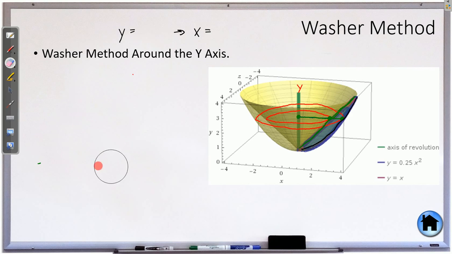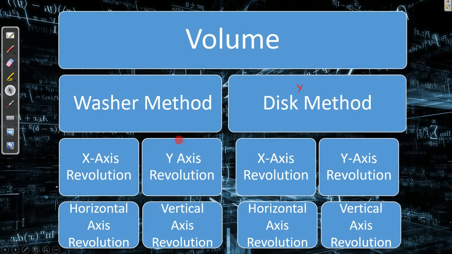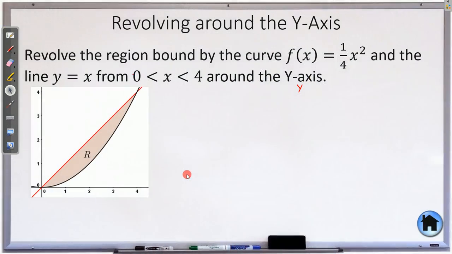So let's see how that works with some actual numbers in it now that we see the general concept. And to start us off, we're going to start with an easier one, and we're going to go around the y-axis before we try any vertical axis we want. So we're going to do that same problem we were just looking at. This time I'm giving you the actual functions though.